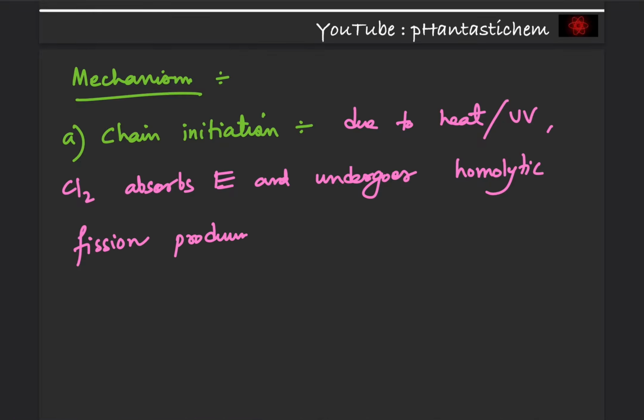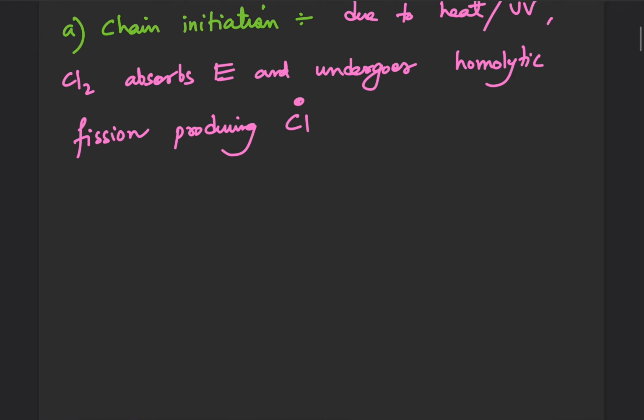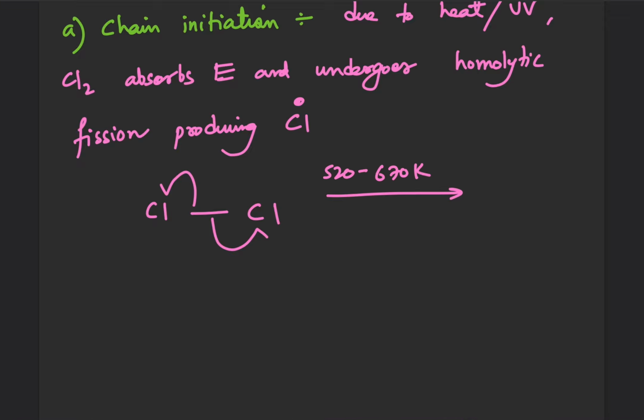So to show this, we write a chlorine molecule, one electron goes here, one electron goes here. This shows homolytic fission in the presence of 520 to 670 Kelvin, or UV light, and it results in two chlorine free radicals. Okay, this is the first step.